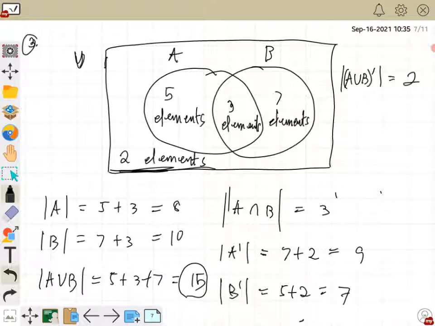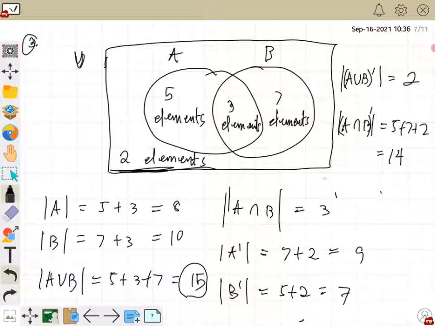How about the complement of A intersection B? What is outside of that? How many elements outside the intersection? The intersection is 3. Outside that, 5, 7 plus 2, that gives us 14.